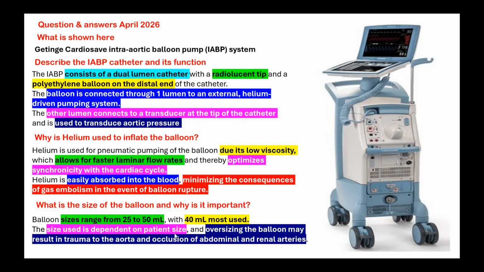So overall patient body size is very important to pick the exact size. Oversizing the balloon may result in trauma to the aorta, and occlusion of the abdominal and renal arteries can also happen, because it will spill over to that area and occlude those vessels.